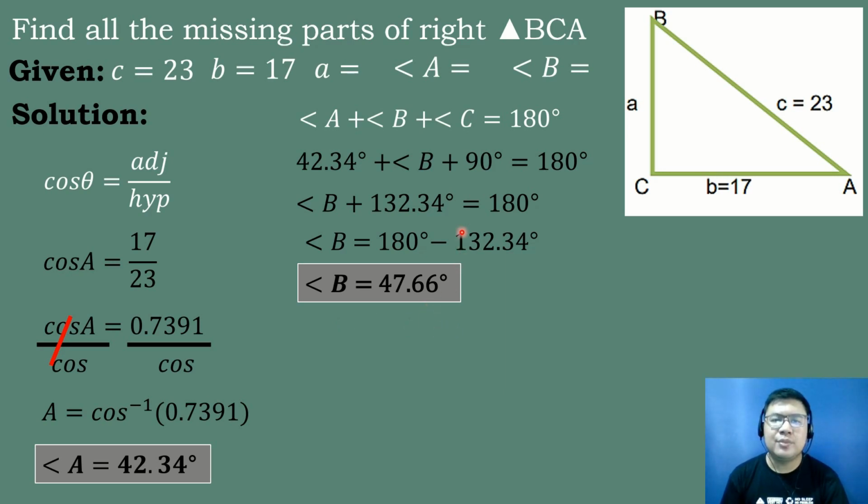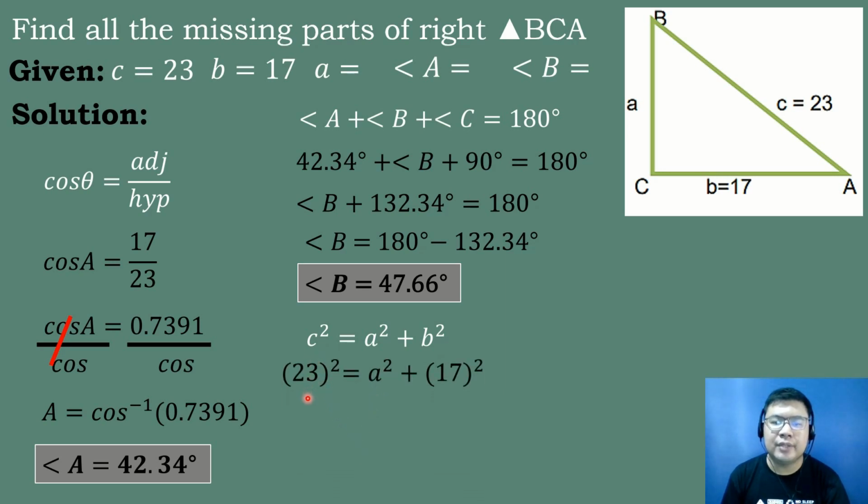And for the last one, we will look for the measure of side A. So to solve for the measure of side A, let's just use the Pythagorean theorem since we have the value of B and the value of C. So using the Pythagorean theorem, C squared is equal to A squared plus B squared. Substitute the corresponding value.